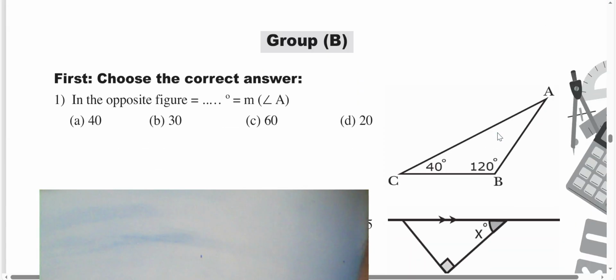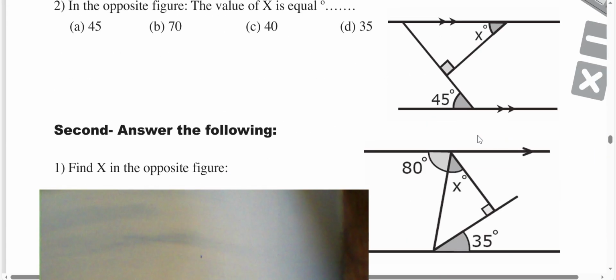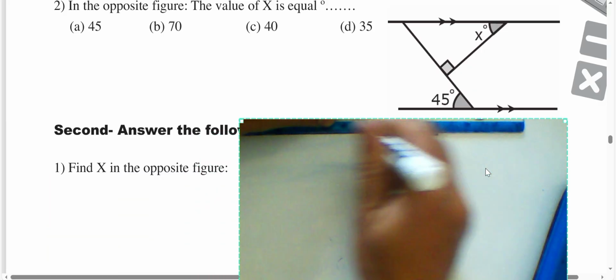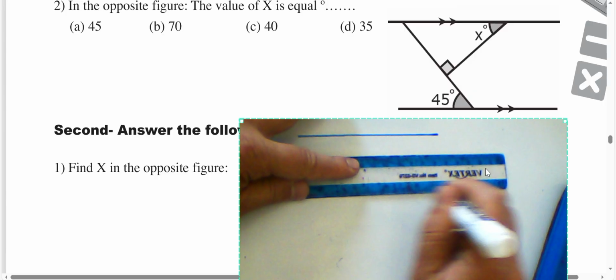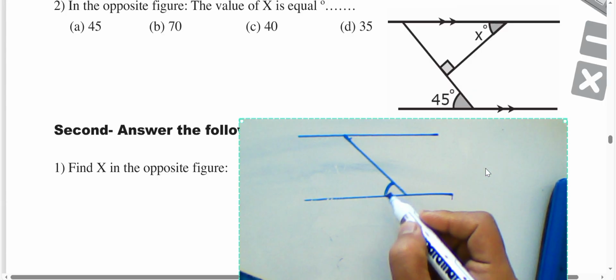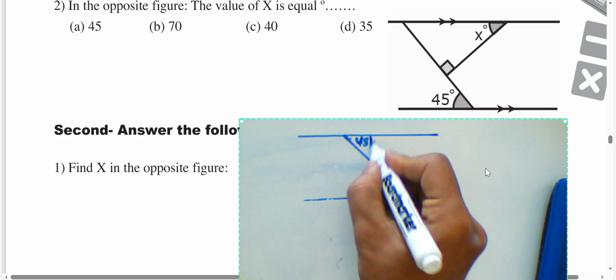Next question, we have alternate angles here. First step, we have two straight lines parallel together like this, and the third cuts them at 2 points. The measure of this angle was 45 degrees. Then this angle will be 45 degrees.